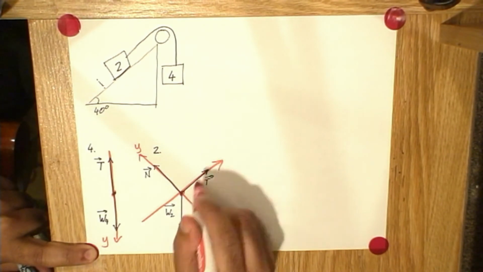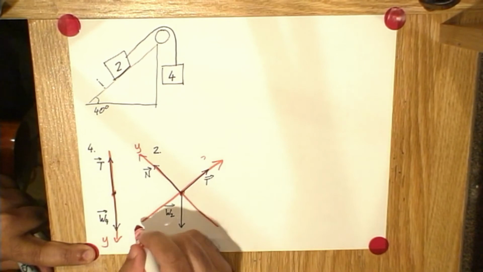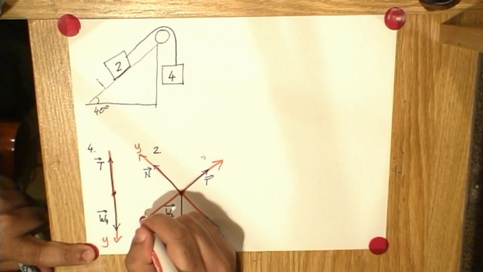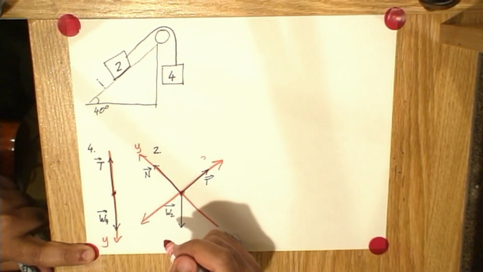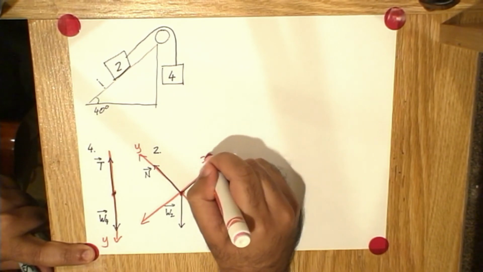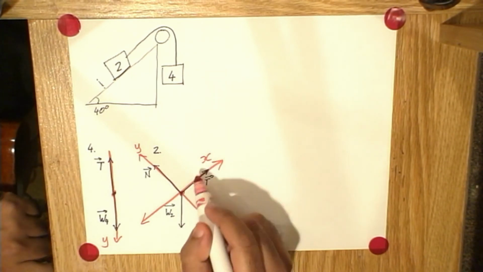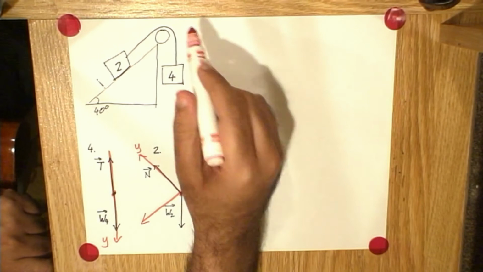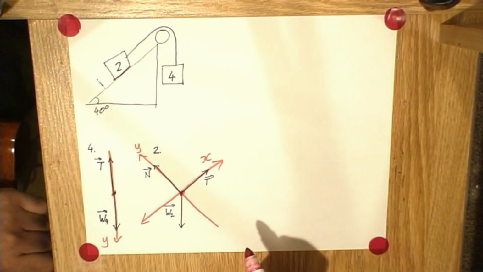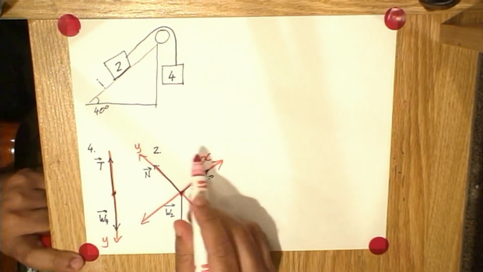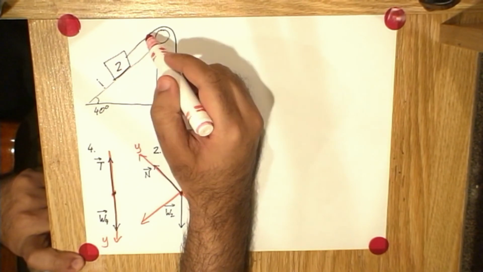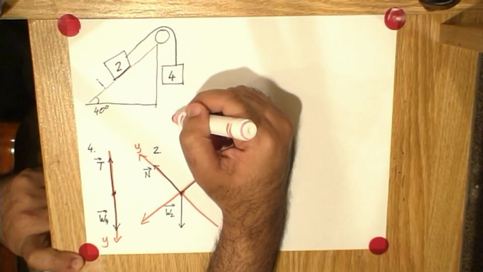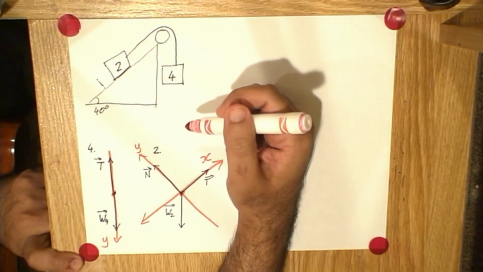And to keep things simple, I'm going to put my positive x direction as being over here. So this direction up the ramp is going to be positive x. And the reason for that is because if I set it like this, then both the 2 kilogram and the 4 kilogram object will have positive accelerations.